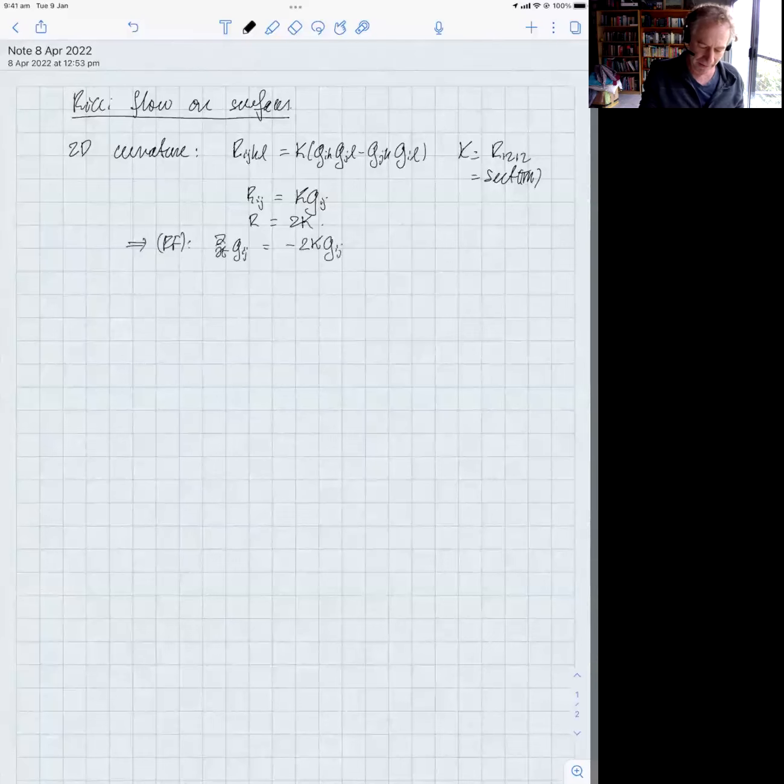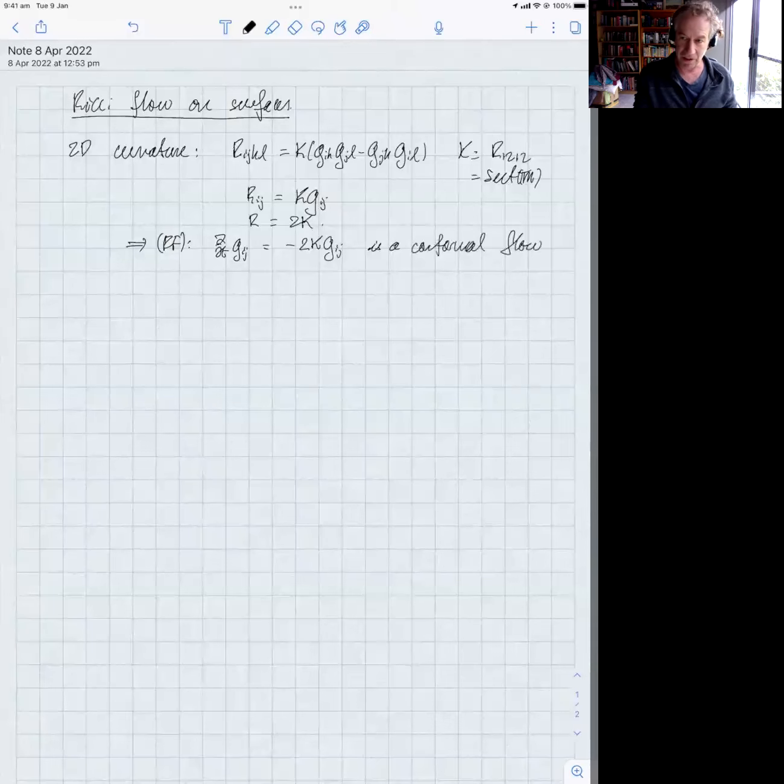So in particular, one of the nice things about this is that this is a conformal flow. It just changes the metric by adding a multiple of the metric, some smooth function times the metric. So that tells us that the metric at any time is a multiple of the initial metric.